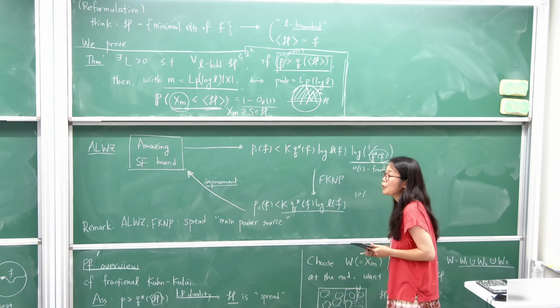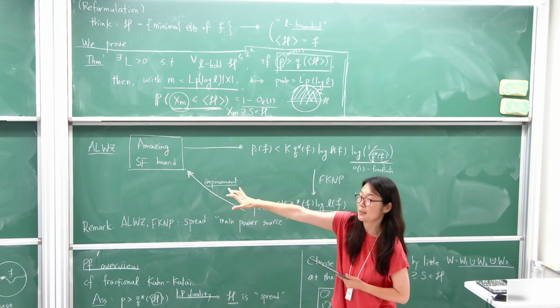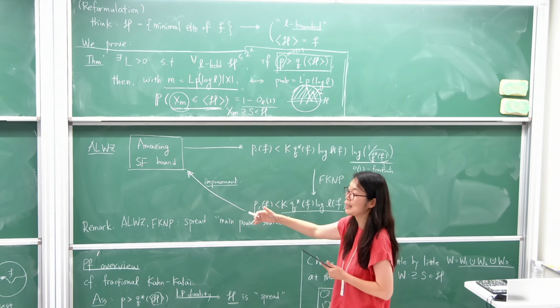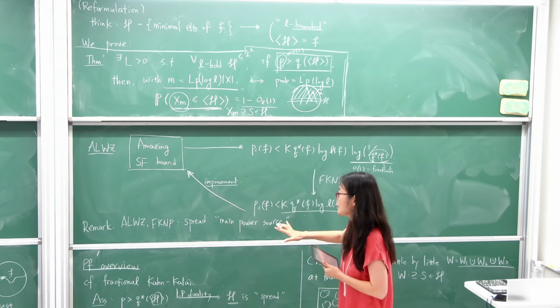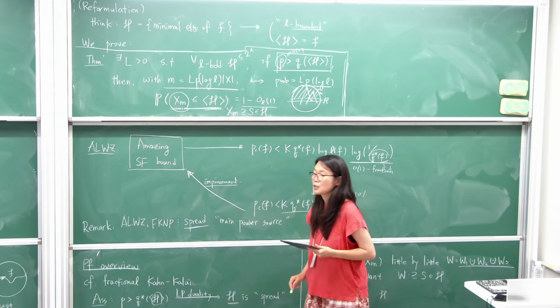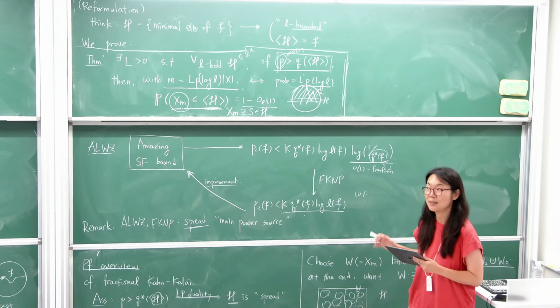So there are 2 points in our argument. The first point is to obtain 10%. And the second point is to show that we can actually iterate this 10% process. And in both points, this spread condition is crucially used. So we really can't do anything without the spread condition in this argument.